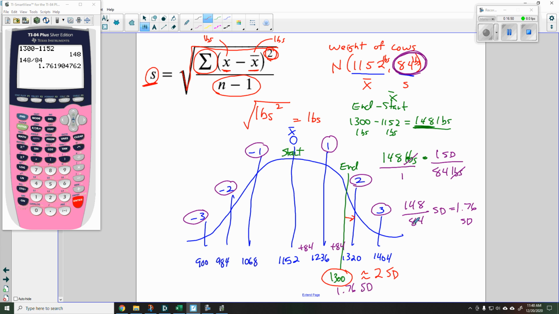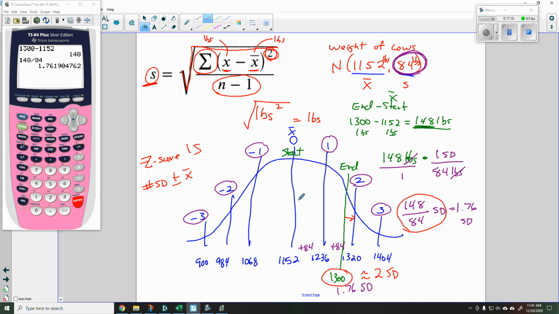And that's where I use this formula. So what I'm pointing out here is that a z-score is the number of standard deviations above or below the mean.